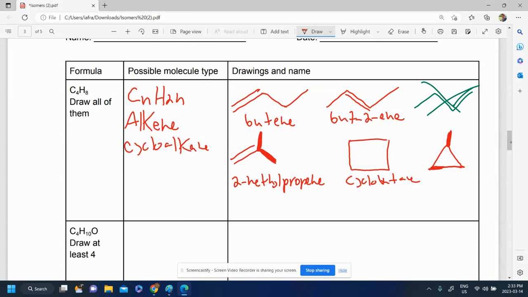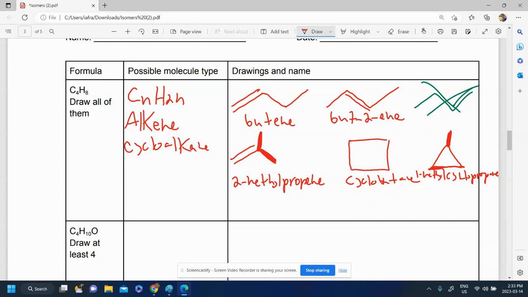And so you have your 1-methylcyclopropane. And I believe you can only have 5 structural isomers of C4H8.